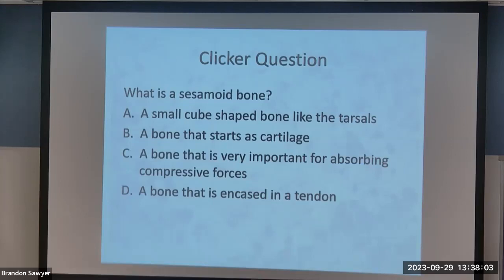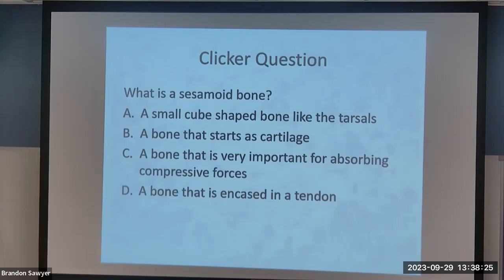All right, go ahead and send in your answer. I'll give you about 10 more seconds or so. Okay, anybody else? We got 66, almost there. Okay, so 45% of you are saying A, and then about 20% each saying B, C, and D.